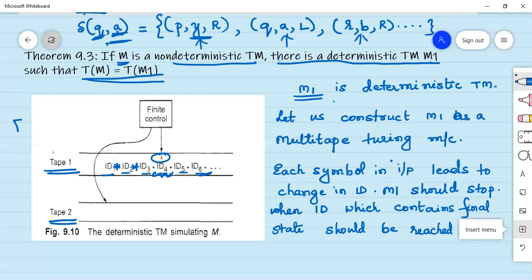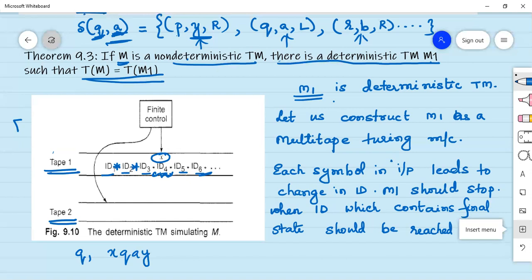Suppose, let us say Q is the current ID. I'm just taking one example. Instead of taking one letter, let us take X, Q, A, Y, something like that.